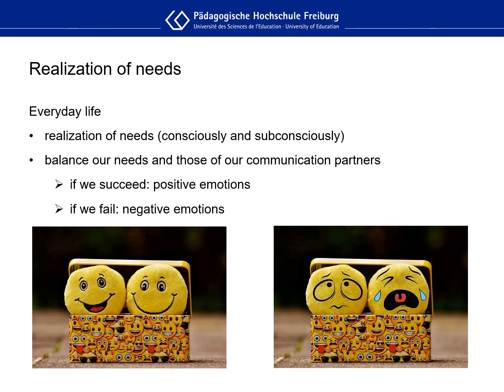And since we are herd animals and live within very close social relationships, we are constantly trying to balance our own needs and the needs of our communication partners. If we feel that this works out and our needs are met, we have positive emotions. But if we feel we fail and our needs are not met, we have negative emotions.